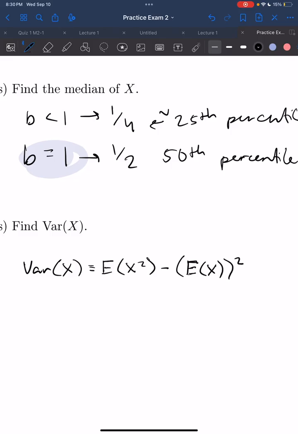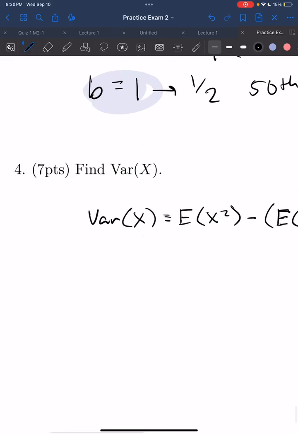So essentially this. And so first we need to solve for our expected value of x.